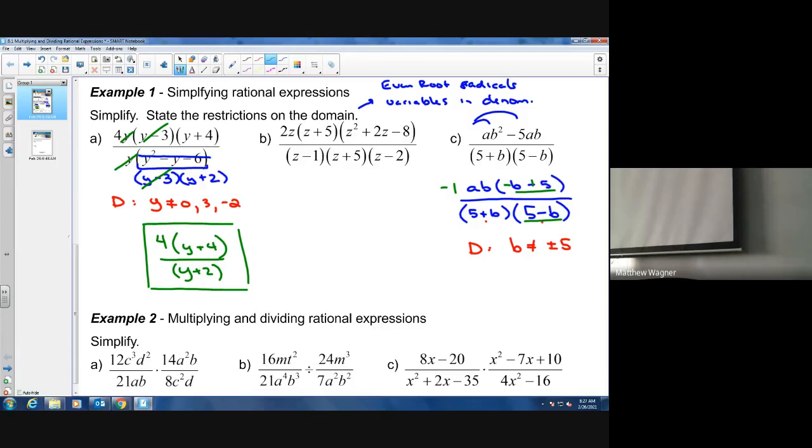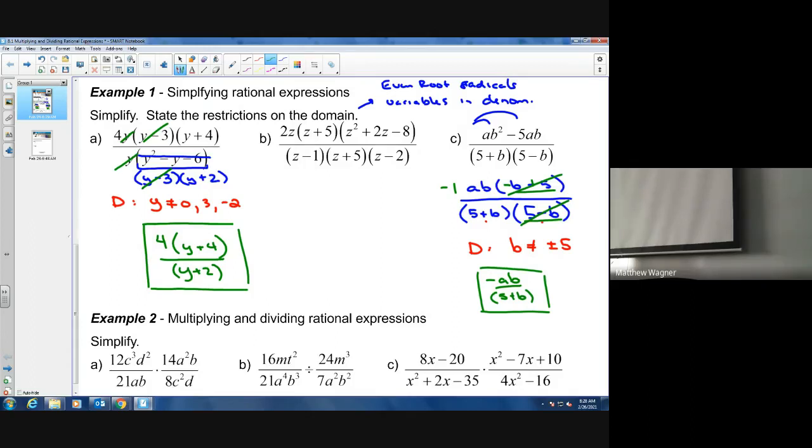Hopefully you notice those are the exact same, just reversed order. We can simplify those out. We wind up with negative ab over 5 plus b as our simplified expression. So that's a little strategy you can use: if you have expressions that look almost the same on the top and bottom, try factoring out a -1 and seeing if that works.